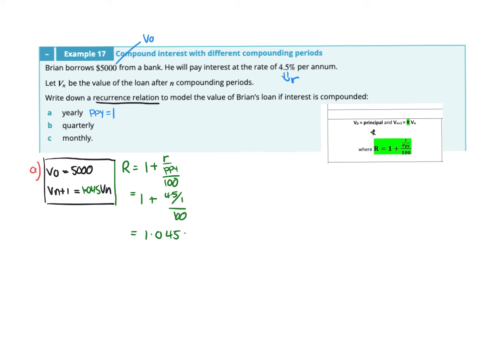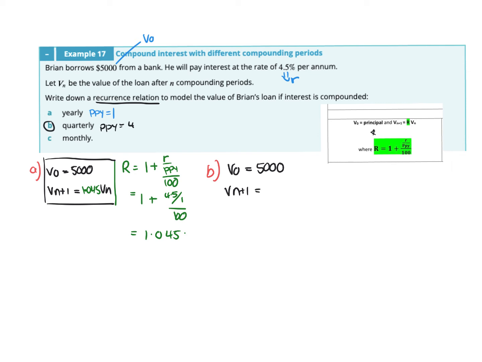Now, when we're doing question B, PPY is quarterly, so that means 4. So we write the VO, and then we write the Vn plus 1.